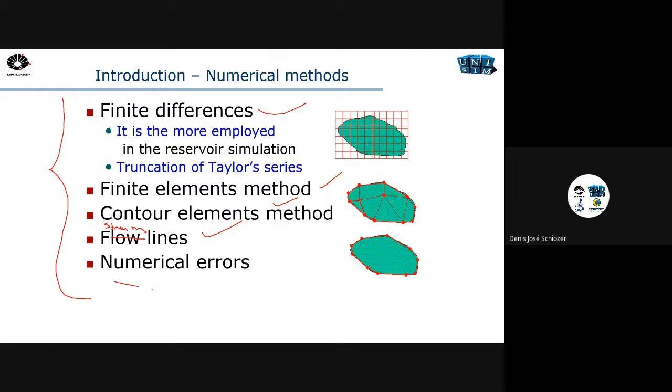All these methods have numerical errors, of course, because we are discretizing this in blocks or in points or boundary elements, and so on. There are several numerical methods. We are not going into these numerical methods too deep in this course. I'm going to show just a little bit of the aspects of the most common we have in the commercial simulators today, which is the finite difference method. And I'm going to show the equations using this method, but of course we can use any other methods you prefer to write a simulation code. Okay.